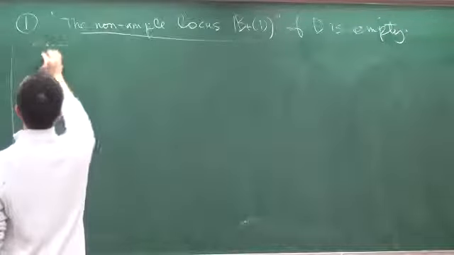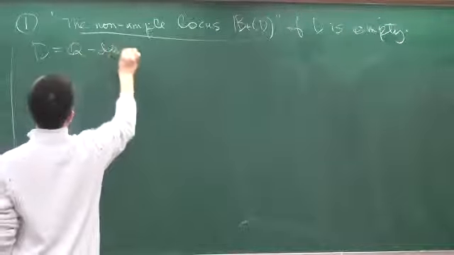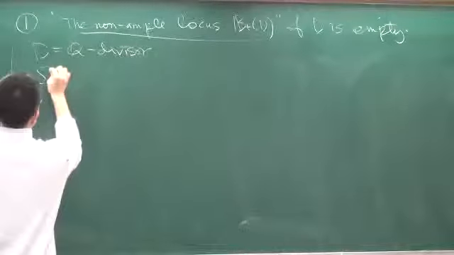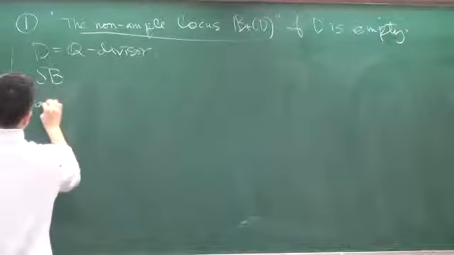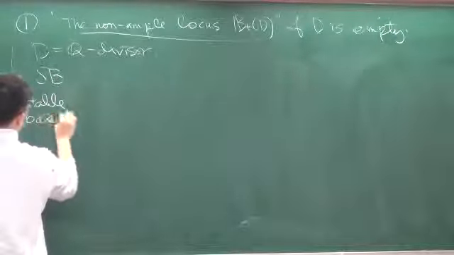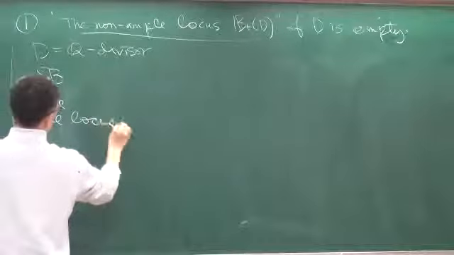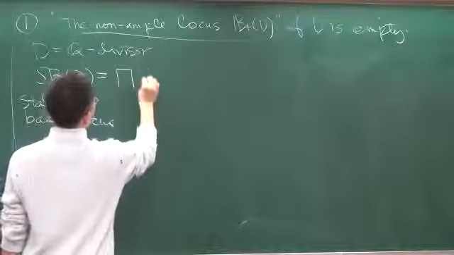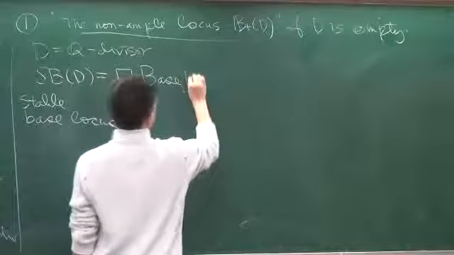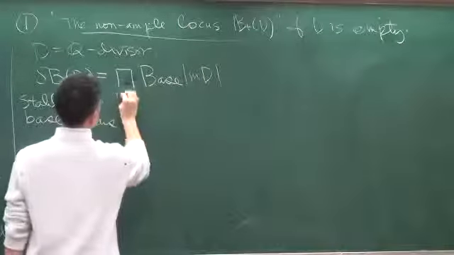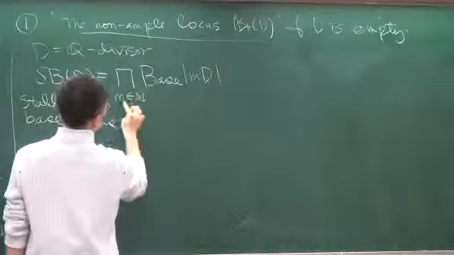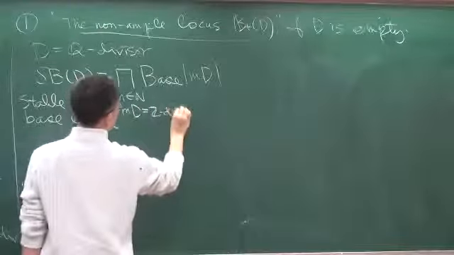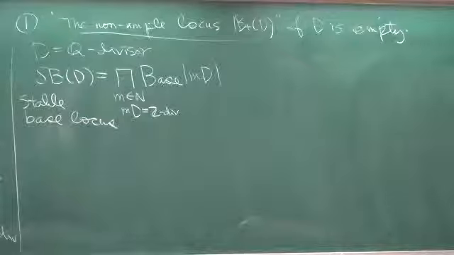So if D is a Q-divisor, then we can define something called the stable base locus. It is defined as the intersection of all the usual base loci of mD, over all positive integers m such that mD is a Z-divisor. Okay?